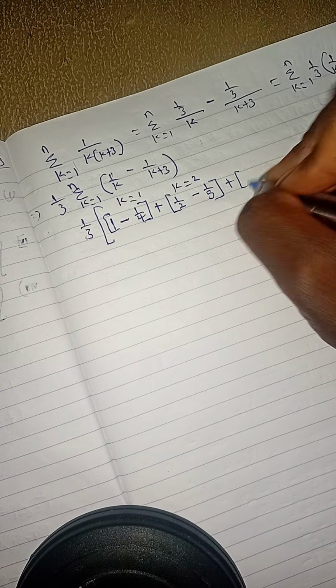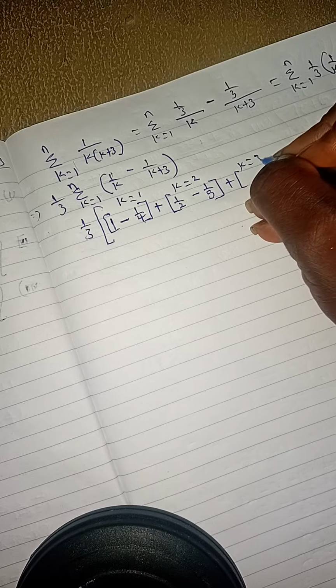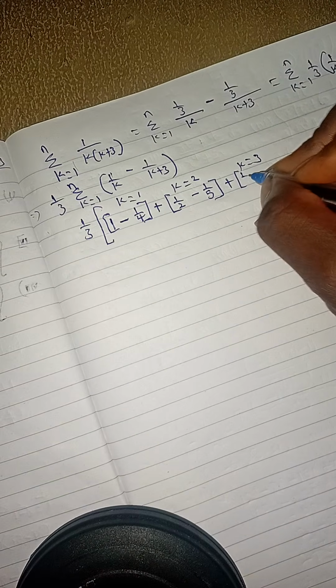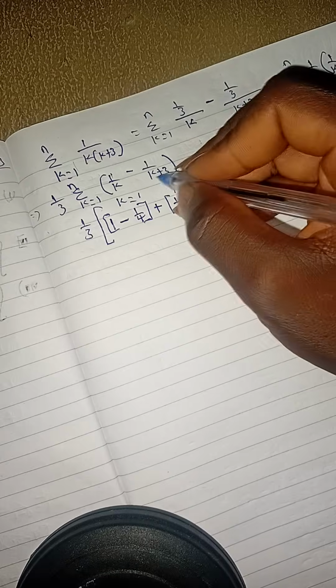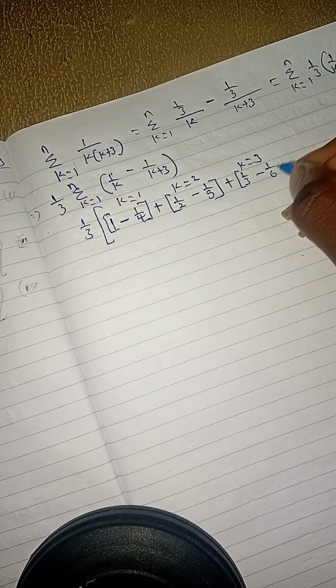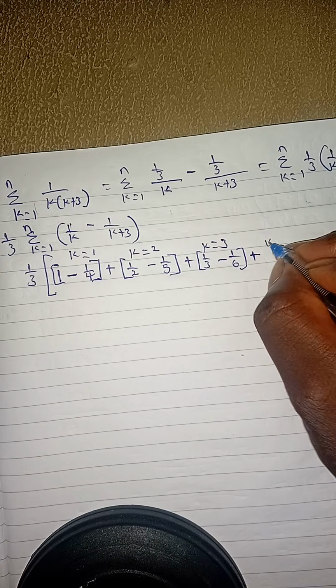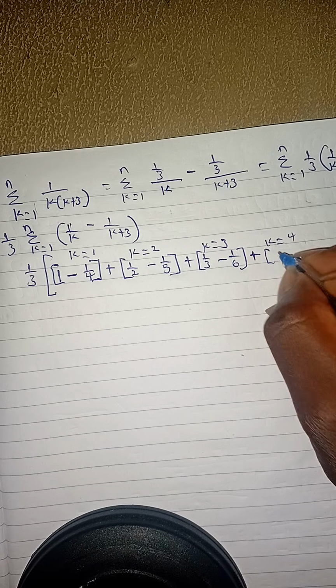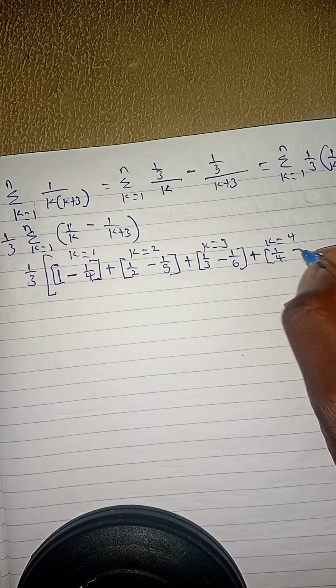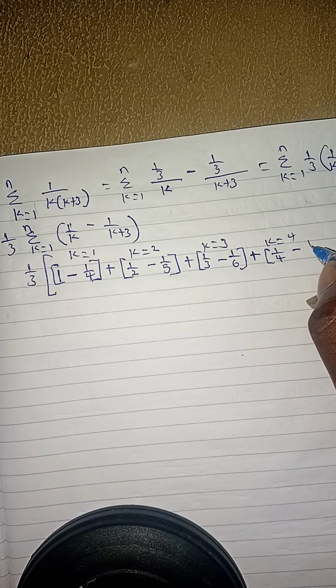Plus, when k gets to 3, 1 over 3 minus 1 over 3 plus 3, that's 1 over 6. Plus, when k gets to 4, 1 over 4 minus 1 over 4 plus 3, that's 1 over 7.